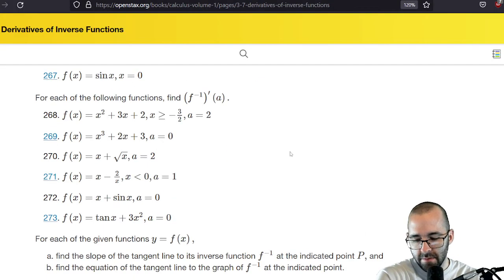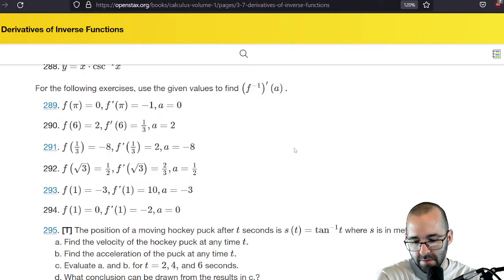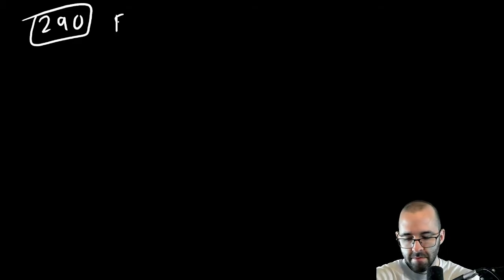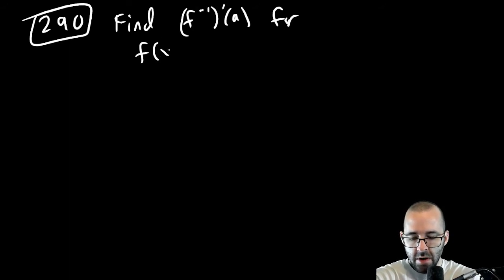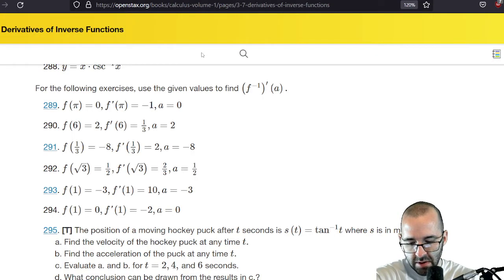All right, 290. Find f inverse prime at a. Or f of x equals, oh, it doesn't tell us. F of 6 is 2.